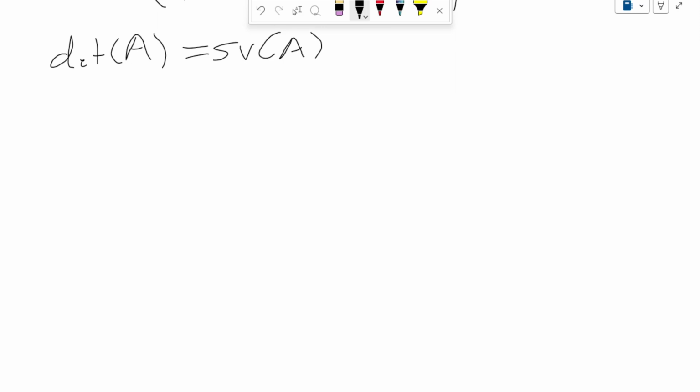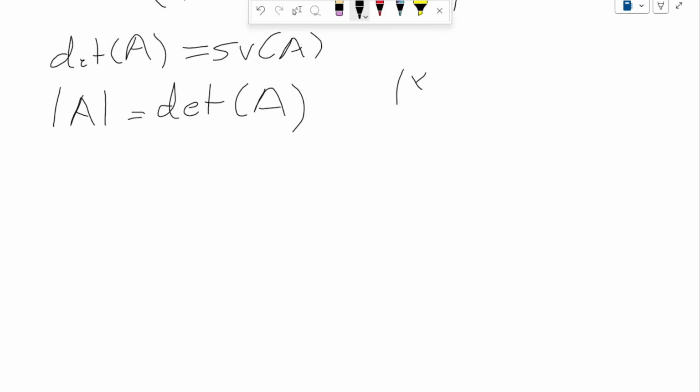Now, another way of writing the determinant is like this. Right? And that can be a little bit confusing because normally we think of the absolute value as being positive, right?